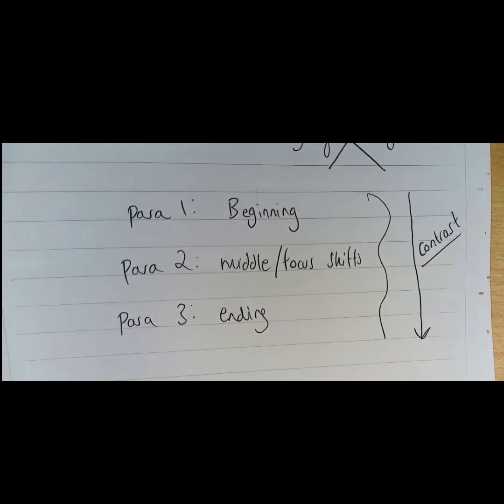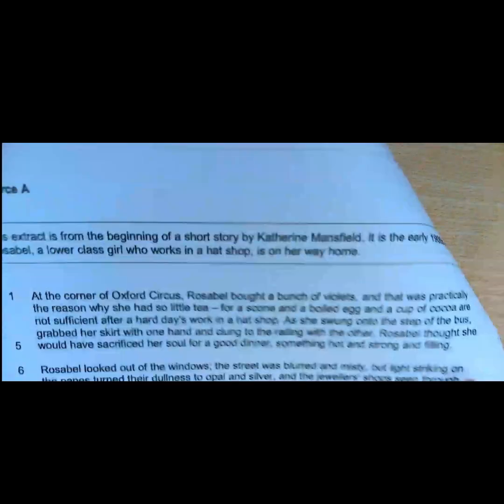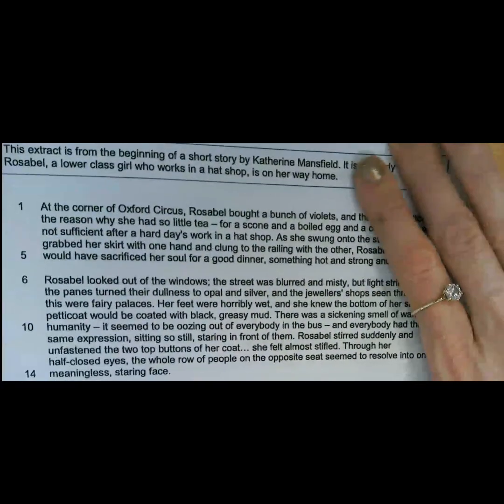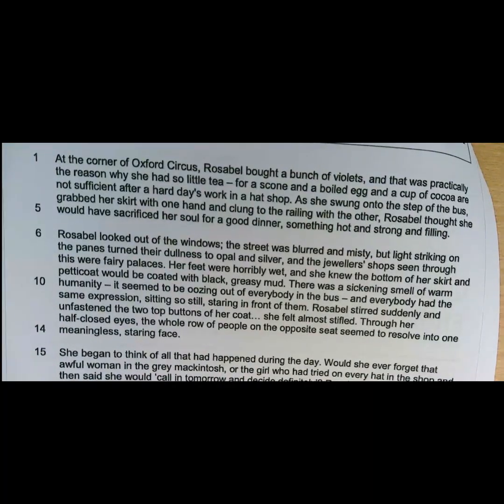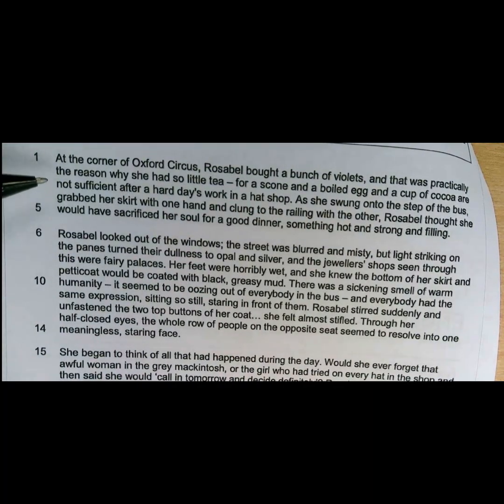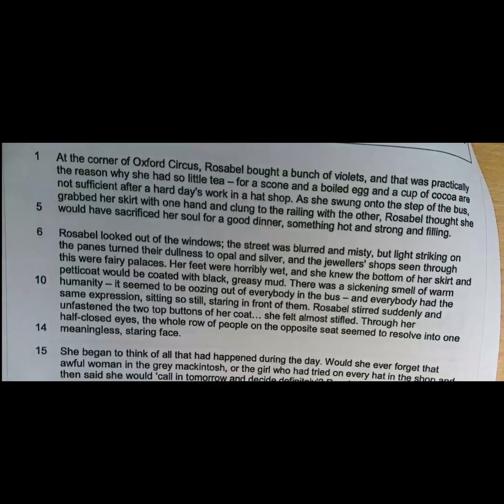So let's have a look at our extract. And again, you really do need to read this before you have a look, otherwise it's going to be tricky. So we know that the beginning, and again, question 1 and 2 will help you with this. You've just done your multiple choice on question 1. You've analysed question 2.